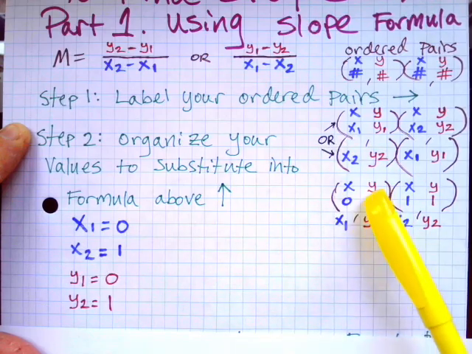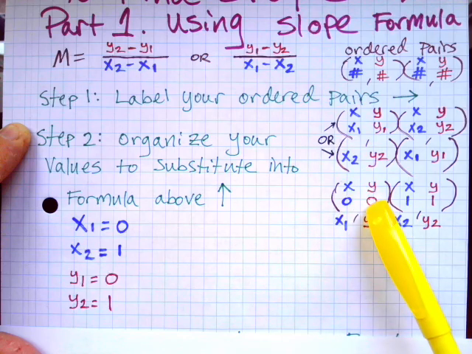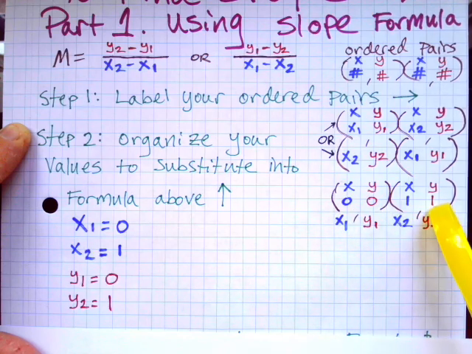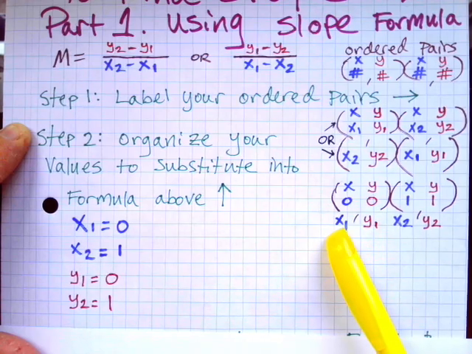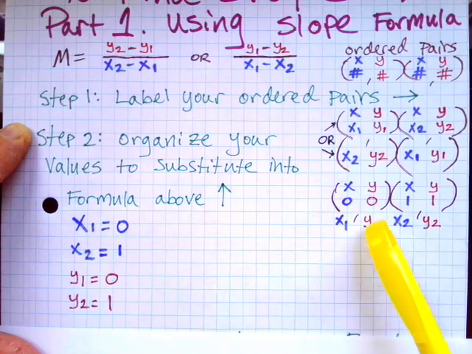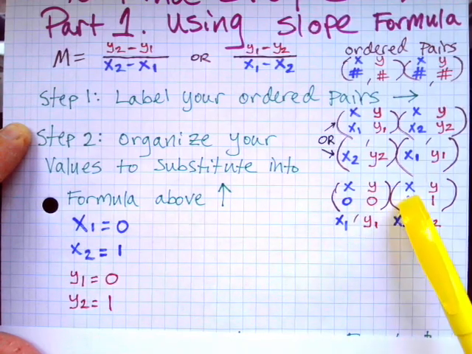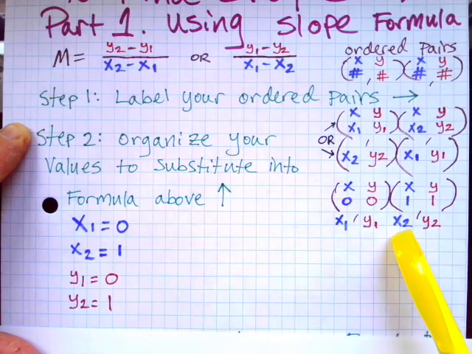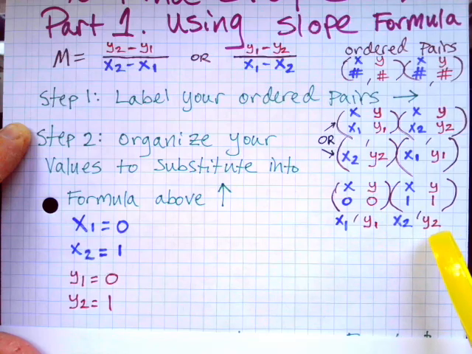I have an XY ordered pair and I have an XY ordered pair. 0 for X, 0 for Y, 1 for X, 1 for Y. Now I'm going to label this my X1 value. I'm going to label this my Y1 value. If this is X1, automatically that's going to be your Y1 value, which automatically makes my next X value X2 and Y2 values.